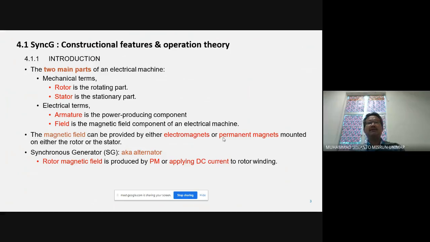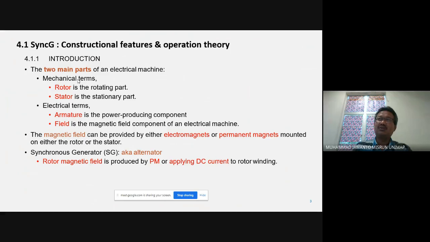Now, remember when we discuss electrical machines, the same applies for the stator of the generator and motor. We have two terms. The first is the mechanical term, which has two parts.